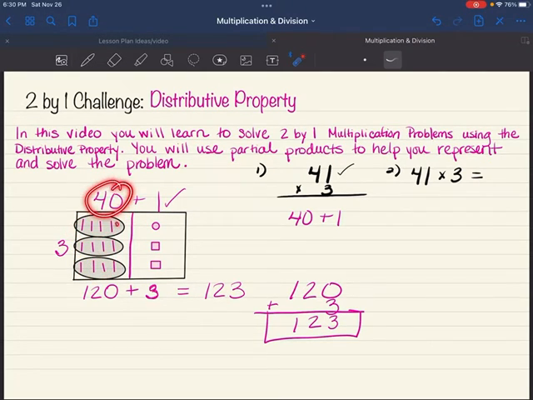So for 40, we did 3 groups of 40. And for 1, we also did 3 groups of 1. And then we brought everything straight down. We brought our total for our tens down. We brought our plus sign down. And then we brought our ones down. And we added it all up to get 123.